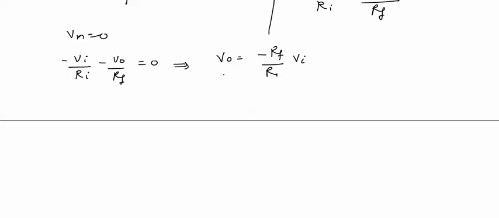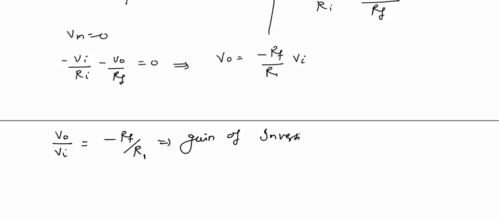In this expression, if we find the ratio of V0 by Vi, it is equal to minus Rf upon R1, and this is called gain of inverting amplifier. This negative sign represents 180 degrees phase shift.